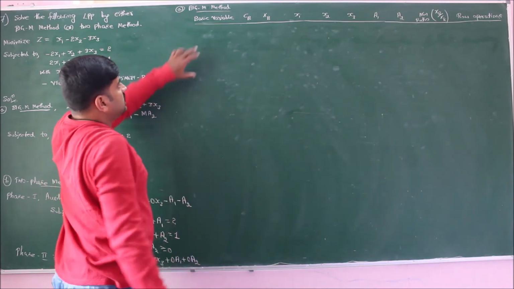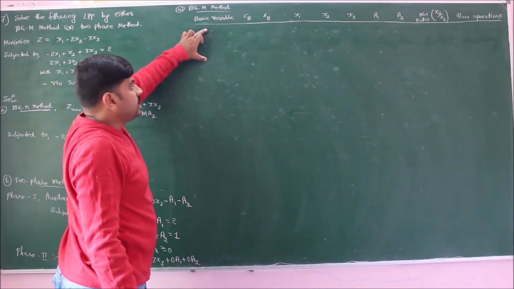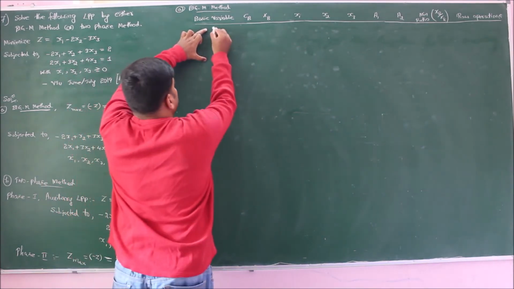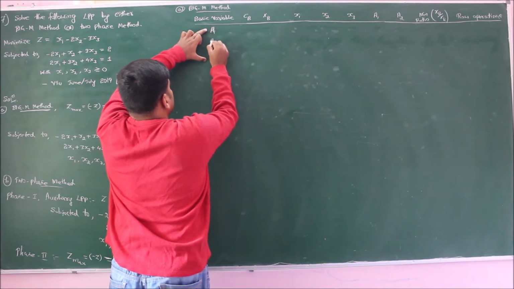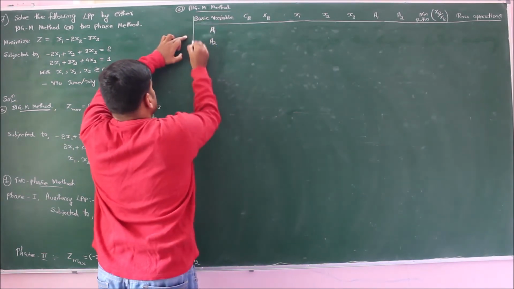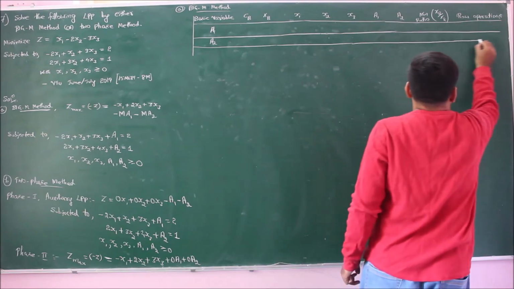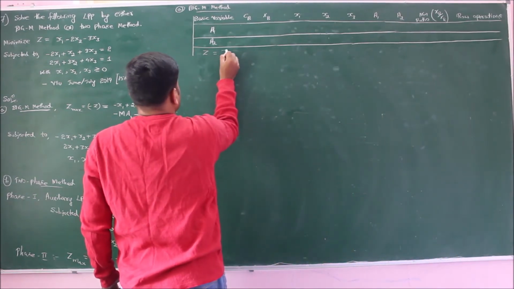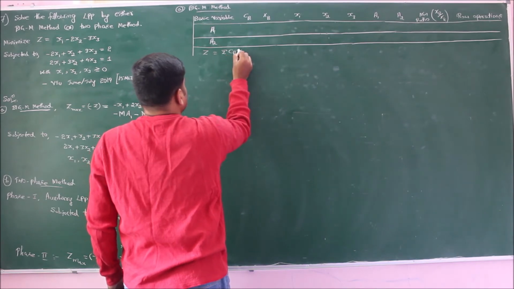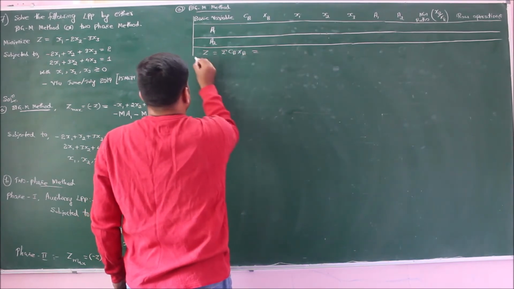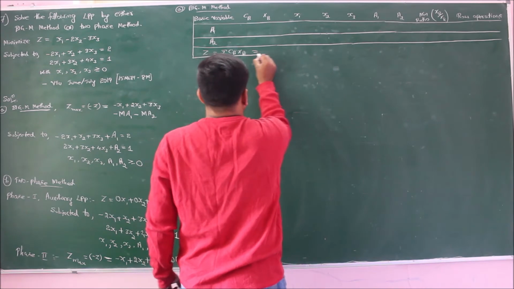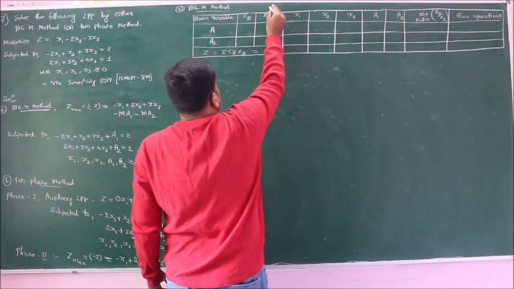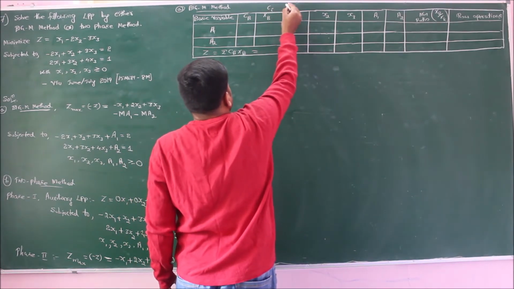As I said, the basic variables should be slack and artificial variables only. We have the artificial variables a1 and a2. And we know that z is equal to the summation of CB XB. Above XB, I should write Cj.